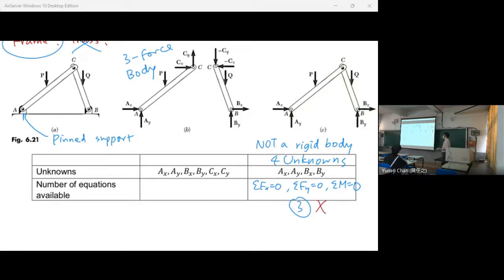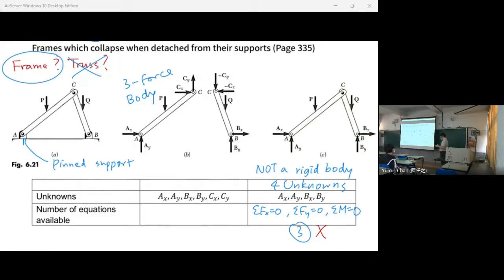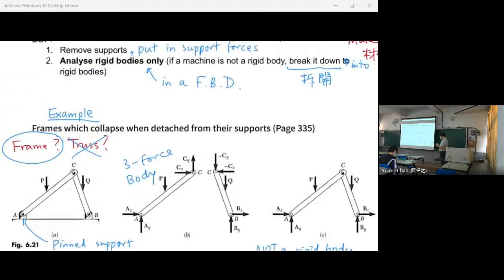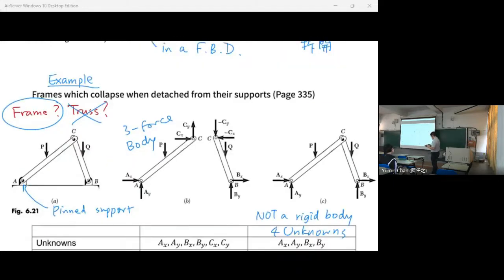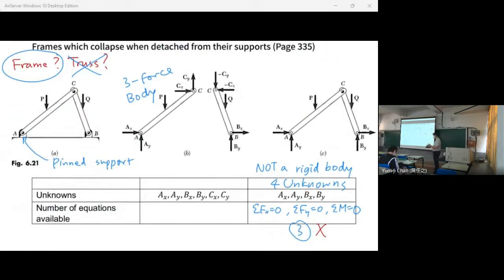What I said a minute ago was to analyze rigid bodies only in a free body diagram. So if a frame or machine is not a rigid body, break it down into rigid bodies. So here we have 2 rigid bodies.